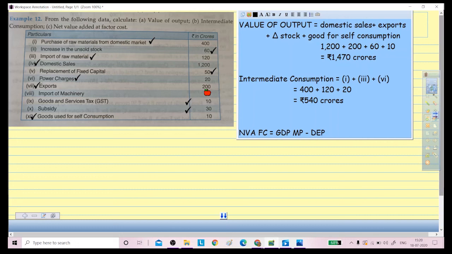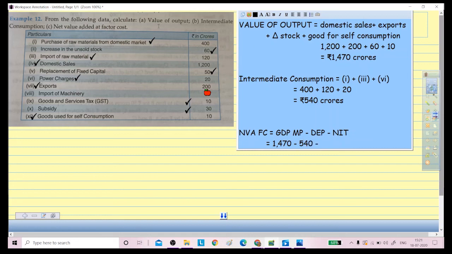Both are domestic terms, so nothing to do with NFIA. And from market price to factor cost, I have to subtract NIT, the net indirect taxes. So GDP-MP is value of output minus intermediate consumption. So 1470 minus intermediate consumption, which is 540.